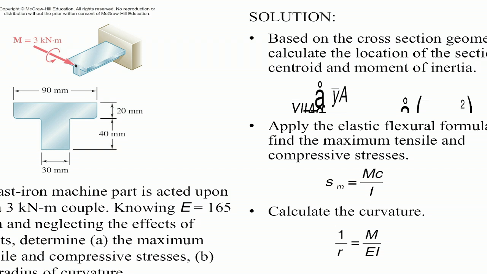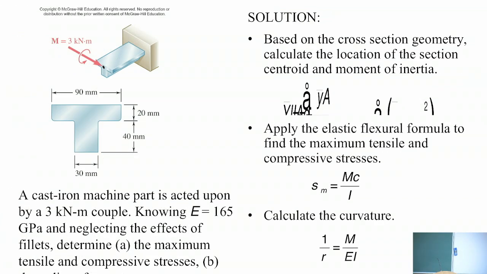This is connected to the wall there, and a moment of 3 kilonewton meters is acting on this, which is trying to bend it about the z axis. It will bend it out of the plane of the paper, downwards. Okay? This is the problem.